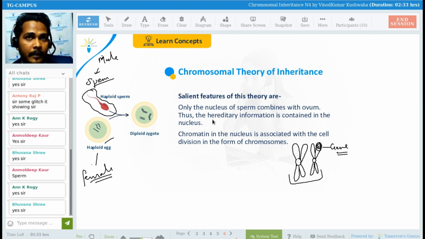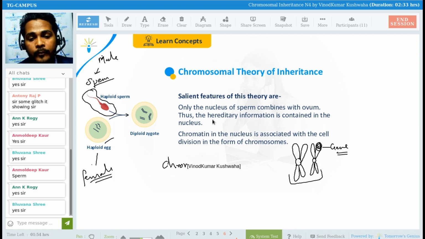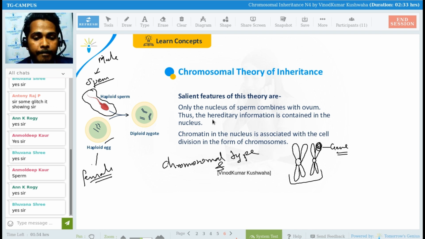Are you getting my point? All these characters are suggested by the chromosomal type and its behavior.